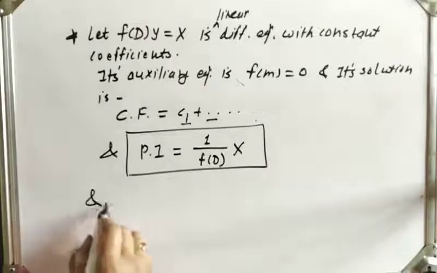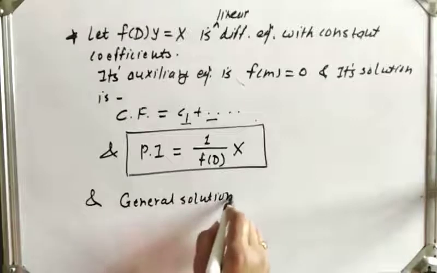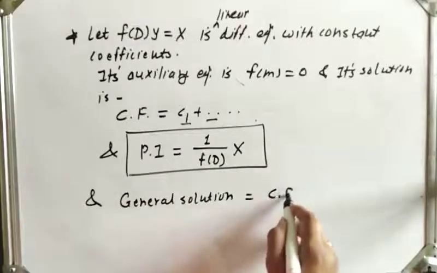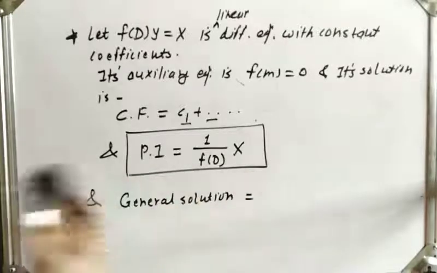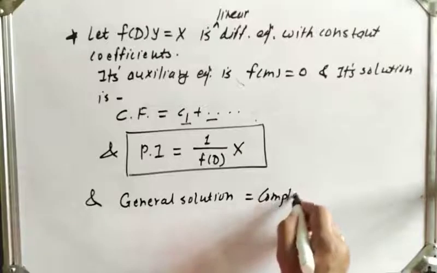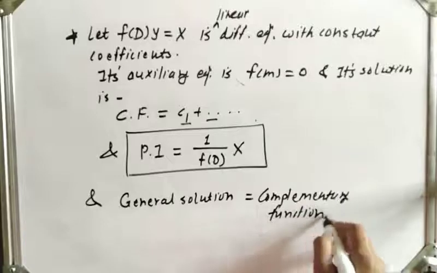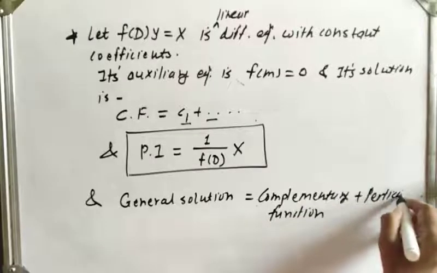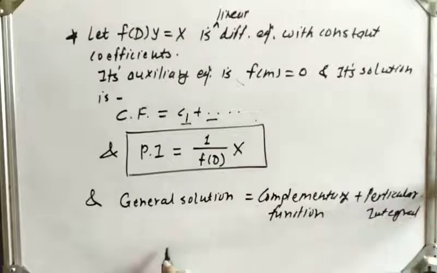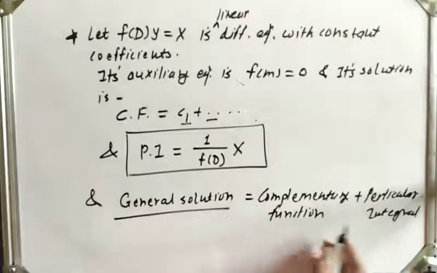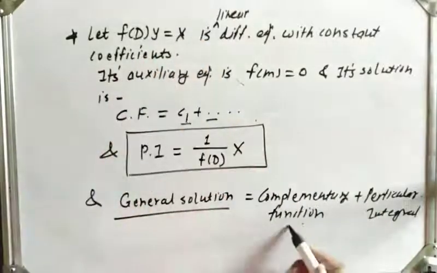Okay, and general solution is equal to complementary function plus particular integral. The general solution of a differential equation is the addition of these two, but for homogeneous equations this part is 0, so we only calculate complementary function.